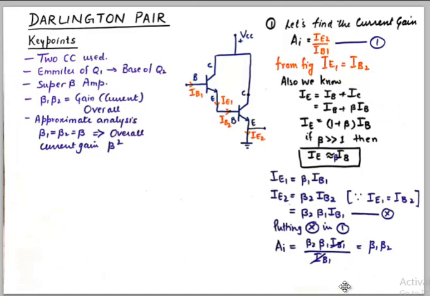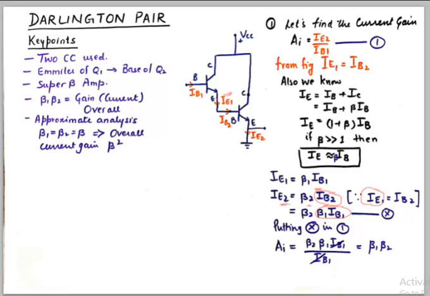and IE1 over here at this point is beta 1 times IB1, and IE2 is beta 2 into IB2, and IB2 is substituted as IE1, and IE1 is further substituted as beta 1 into IB1.